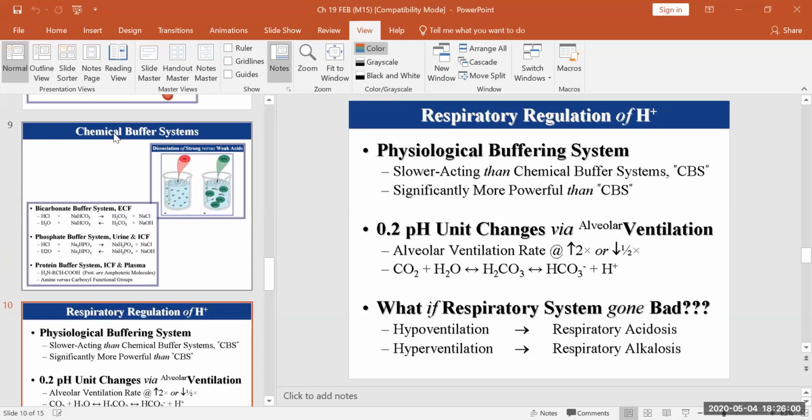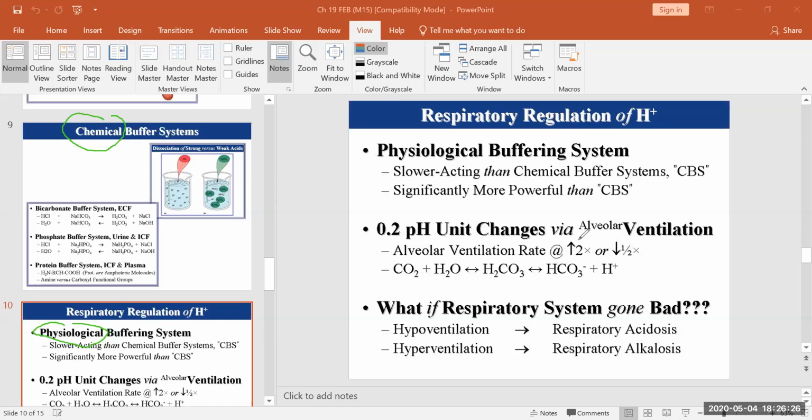So we have the chemical buffer system and we have the physiological buffer system. The physiological buffering system, especially the respiratory regulation, is slower acting than the chemical buffer system, but it's more powerful.